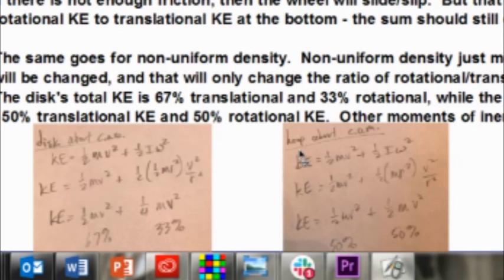And then for the hoop, the moment of inertia is just mR², not 1/2 mR². And when you do the same analysis, you see that the translational is 1/2 mv², the rotational is 1/2 mv², so it's half and half. So you get half translational and half rotational for the hoop, and 1/3 rotational and 2/3 translational for the disk.